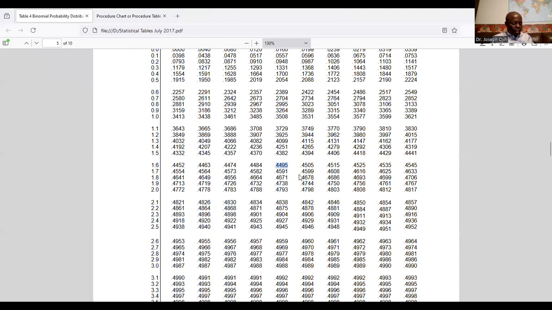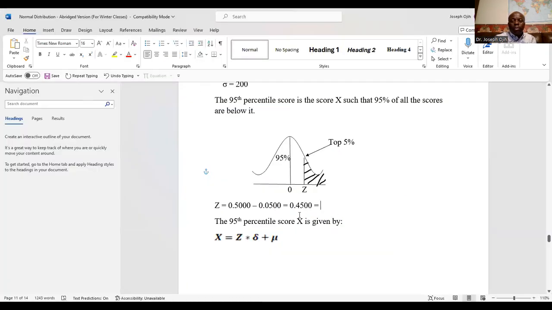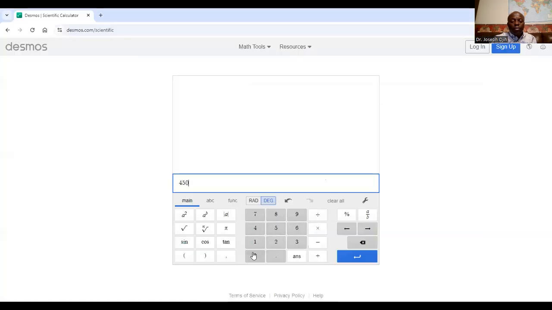Let's ignore the decimal point, so we have 4500. 4500 minus 4495 is 5 points away.